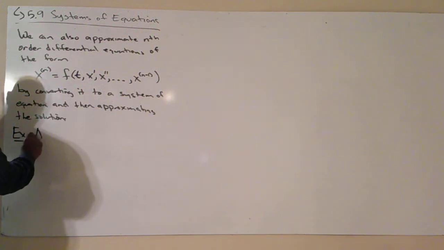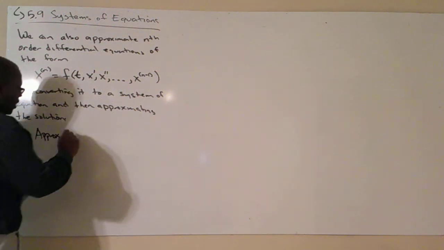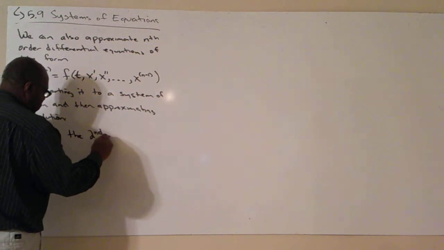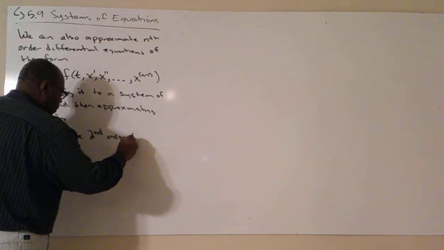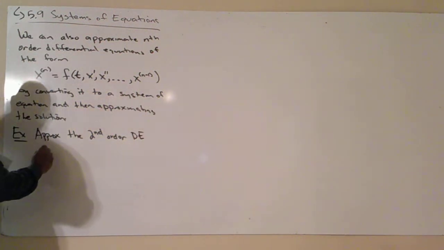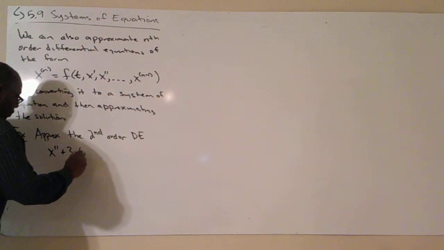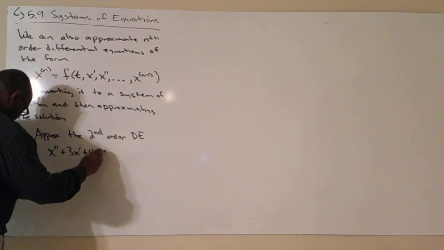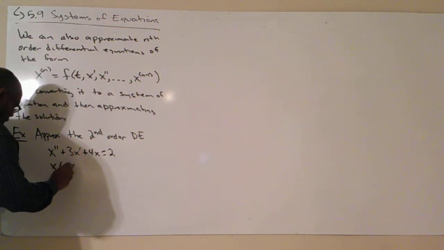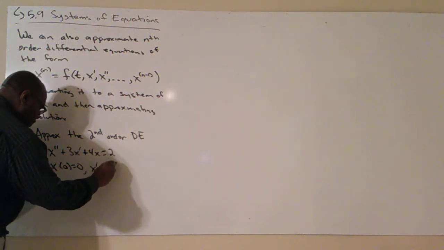I want to approximate the second order differential equation. Again, it's an initial value problem: x double prime plus 3x prime plus 4x equal to 2, where x of 0 is equal to 0 and x prime of 0 is equal to 1.